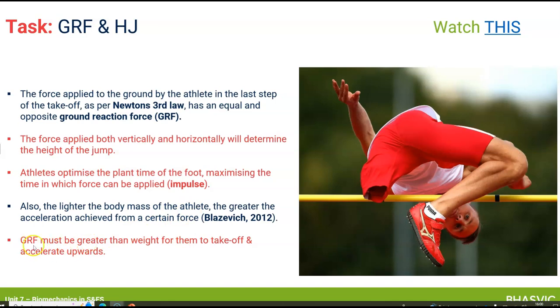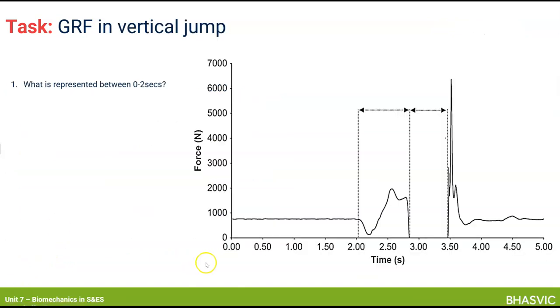So we've got to generate a ground reaction force obviously much larger than our downward weight force. So we push on the ground, we get an additional ground reaction force that allows us to take off and accelerate upwards.